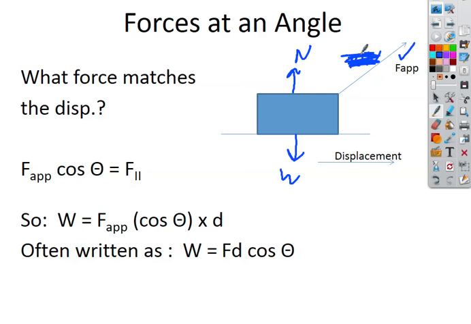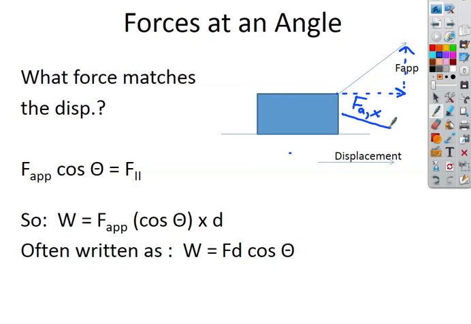What I need to do is find the component. I would find the FA, what I'm going to call X, the horizontal component of the force. This right here is the official component of force that is actually going to cause work in this particular problem.